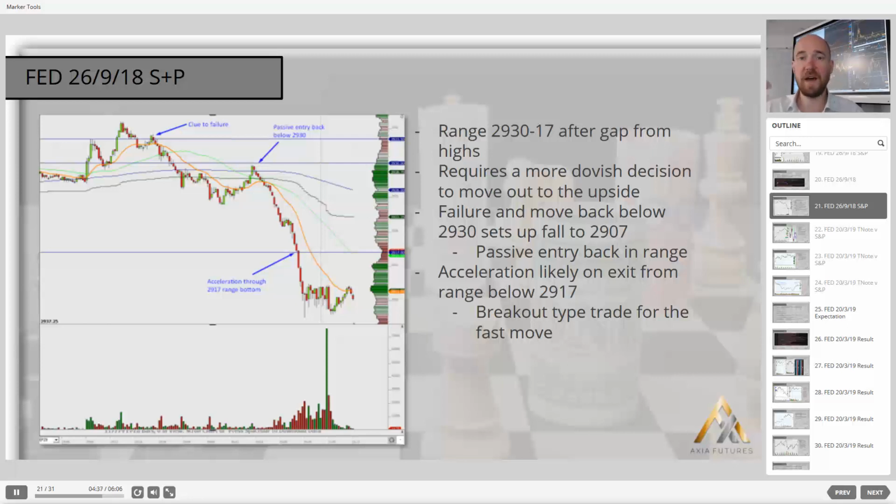You then get a passive entry opportunity at 29.30, followed later by a more aggressive breakout opportunity as you break the bottom of the range. You're expecting an acceleration, and that acceleration takes you in 4 minutes all the way down to your larger target down at 29.07s. So the continuation type setups provide you numerous opportunities, numerous ways to get into the trade.